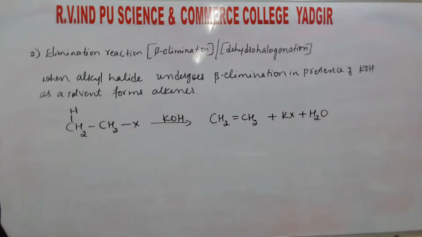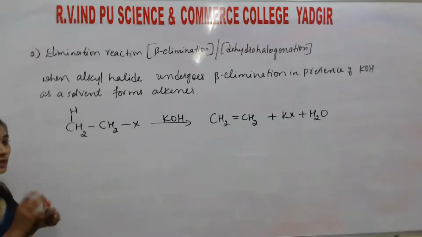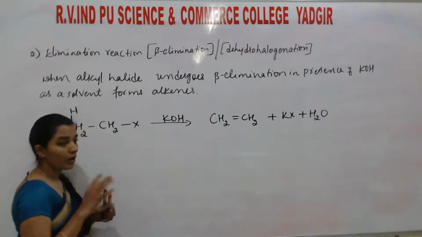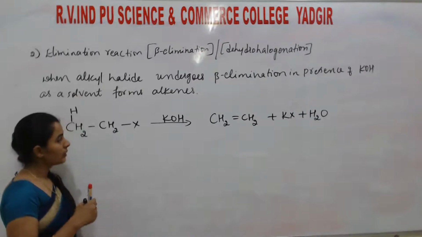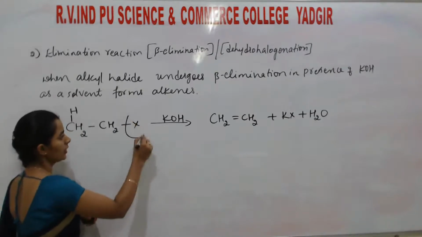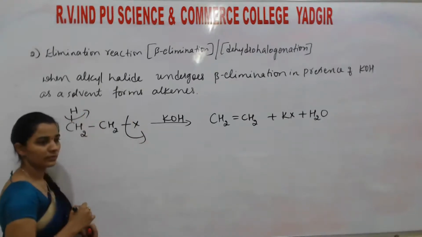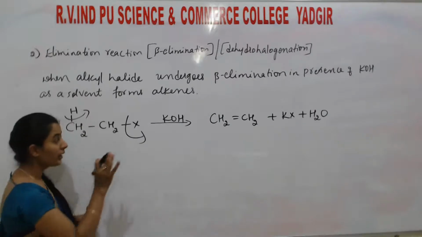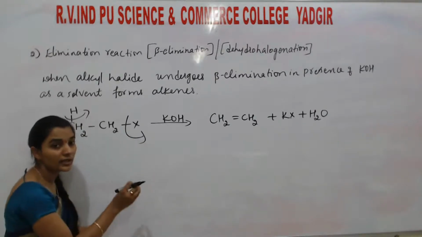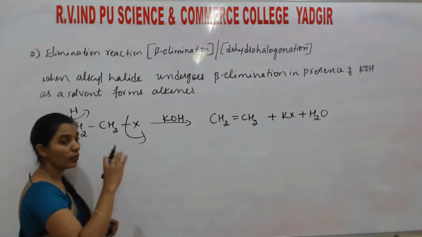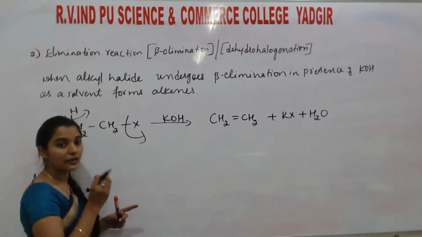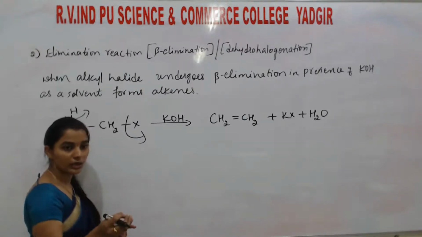Okay. So students, here the representation is, listen. While you are representing, you simply write like this. Correct? So the way you draw the arrow mark also decides whether it leaves with the electron or without the electron.